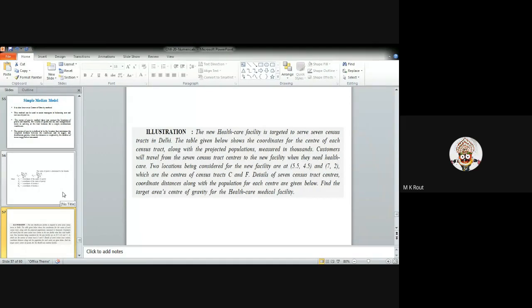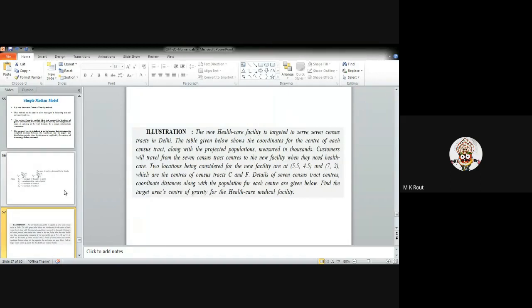Try to understand this particular problem statement. In the case of Delhi, a healthcare facility wants to establish new organizations, and they have around 7 different facility locations.